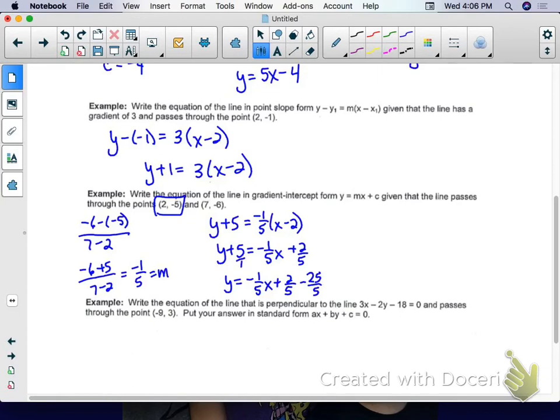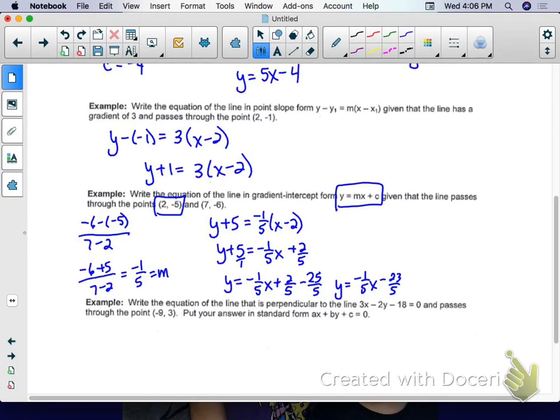I need it to be over 5, so I multiply the top and the bottom times 5. So that gives me y is equal to negative 1/5 x minus 23/5. Now, if you don't like that way, or you like the way that I did it earlier, you can take this form right here, plug your slope into it, plug your point into it, and solve for c.